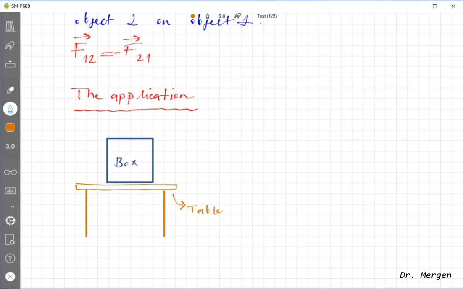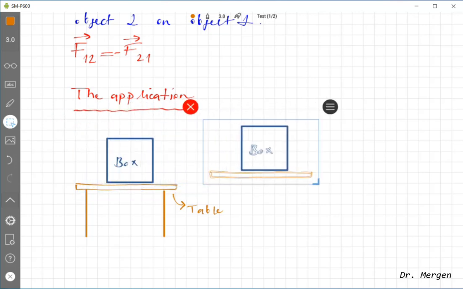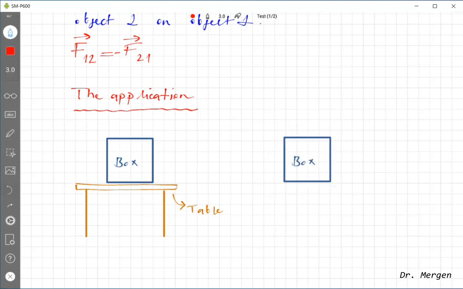But before going deep into the application, let's take a look at this box and table example and try to figure out what the force interactions of this system are. To analyze the force interactions, let's isolate this box from our system. Since the box is standing still on the table, we don't have any horizontal forces.